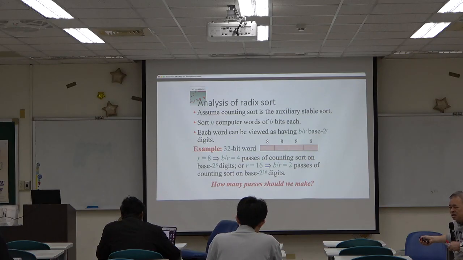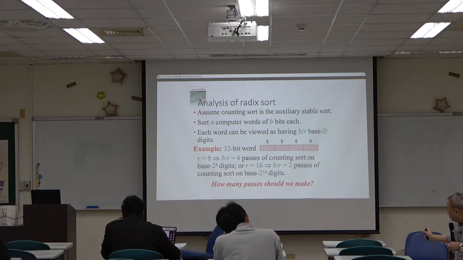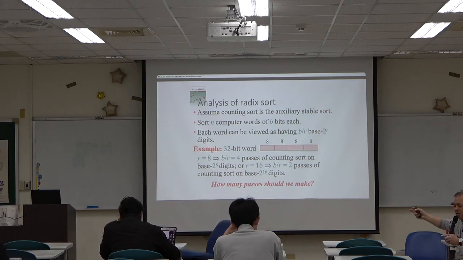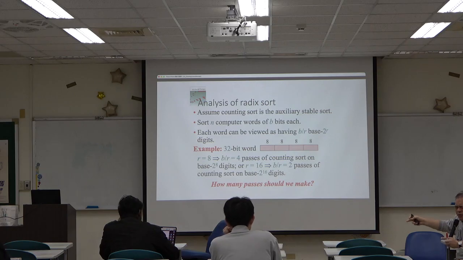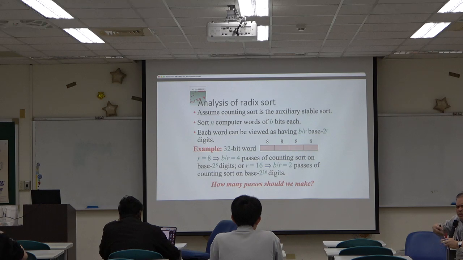So depending on how many digits we want to deal with for one pass, we may end up with more passes, but each pass, obviously, time complexity will increase. So how many passes should we make to optimize the time complexity?